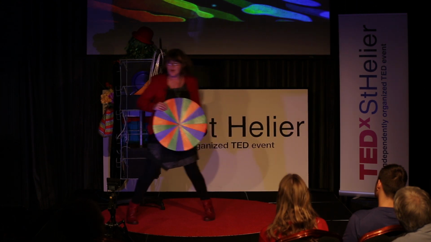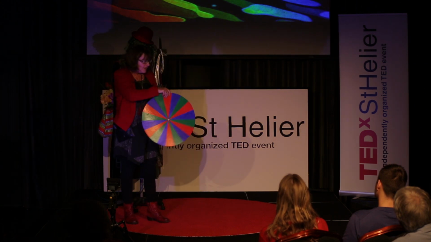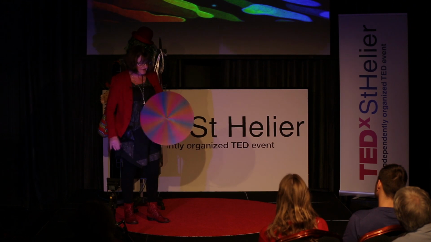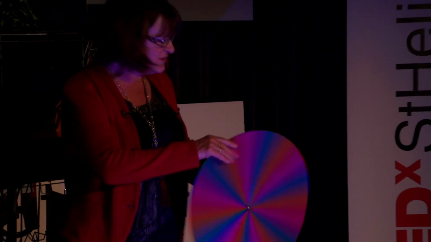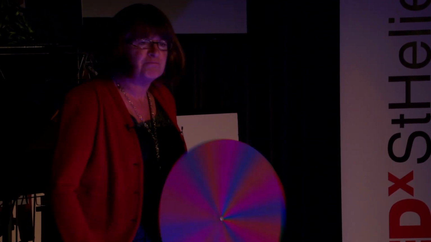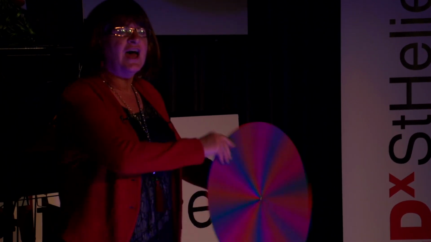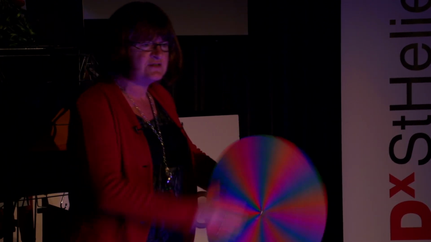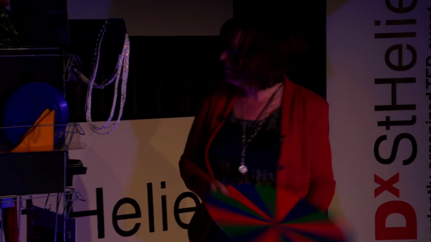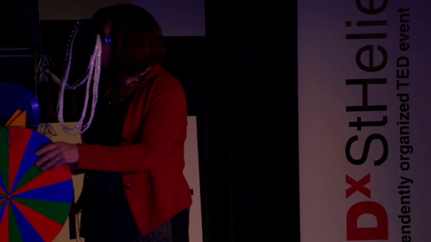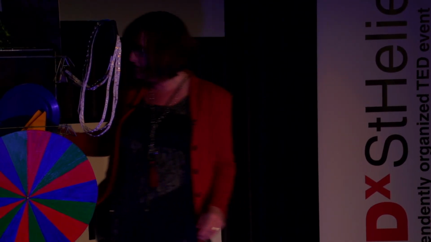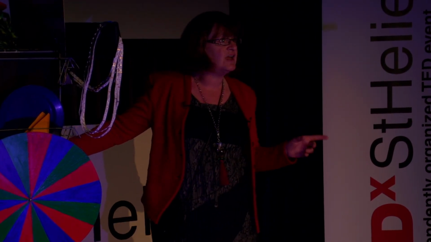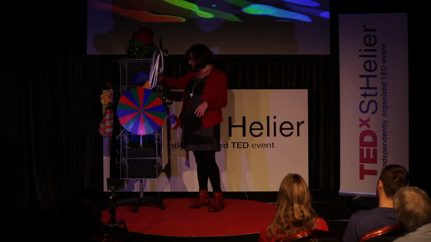Unlike this paint wheel. Now, if I spin this really, really fast, you do not get white. You get a sort of murky, browny, purpley colour, and I get repetitive strain syndrome on my arm. But with red, green, and blue light, you can create any colour you want.